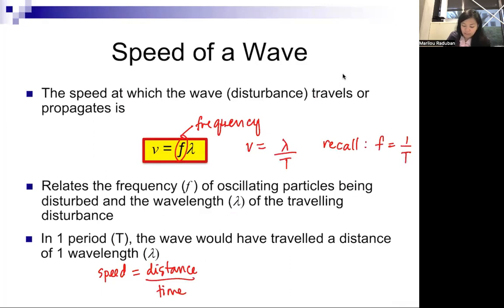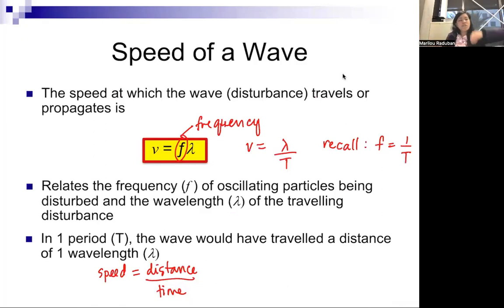If we look at the definition of speed being distance over time, the distance would be how far the wave has propagated over a particular time. In this case, the time will be one period, and the distance will be the wavelength of the wave. So you can think of the speed as being, in one period of oscillation, the disturbance would have propagated through one wavelength.